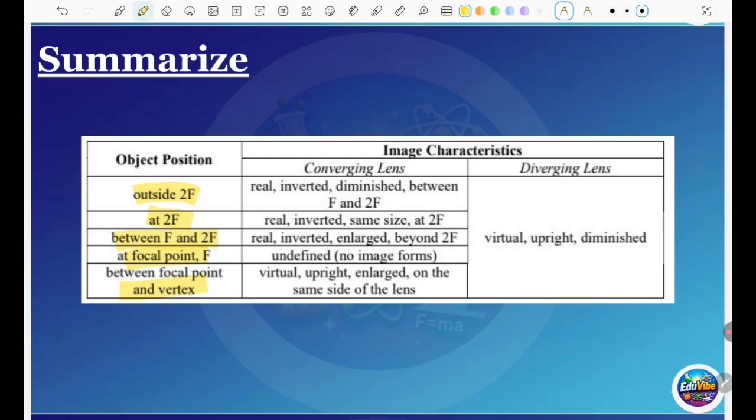You don't have to write it down, but you have to know this for the mathematical analysis. For the divergent lens, the image always appears virtual and diminished. This is a special case. So that's all for this lesson.